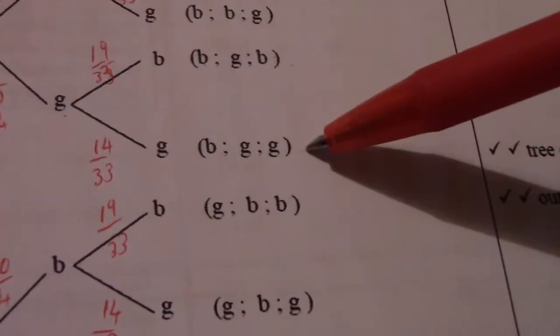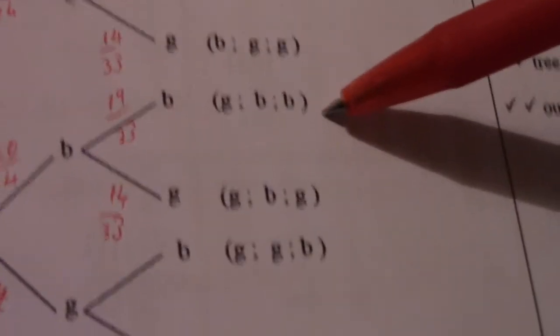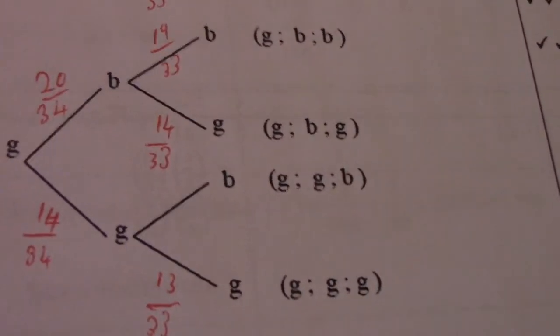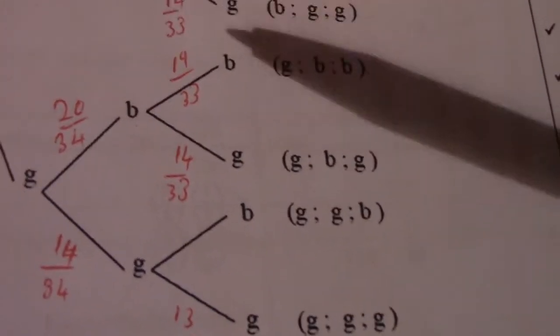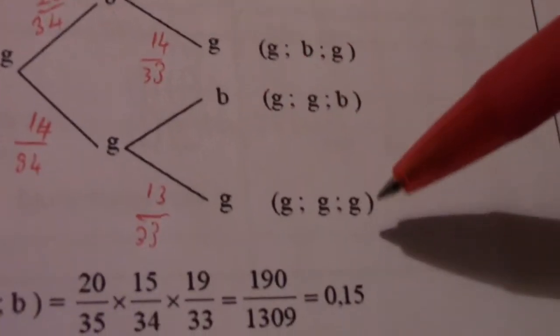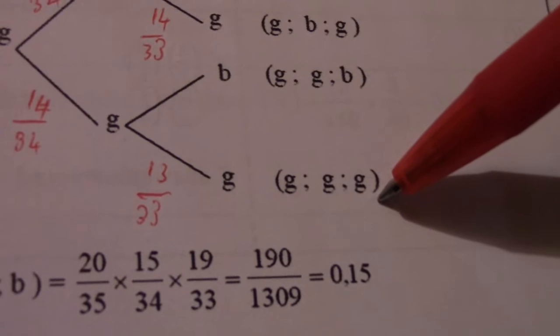To multiply all those outcomes or possibilities is going to be a long process, right? So the only one that doesn't have boys is GGG.